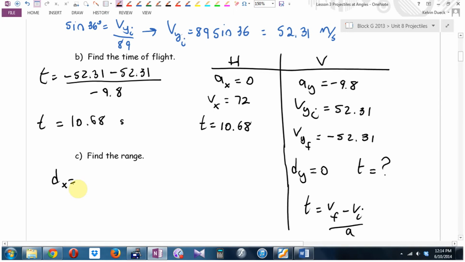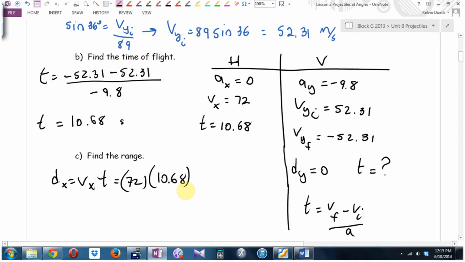What was the equation that has A, V, T, and D in it? Oh, what's A, though, McKinley, in horizontal? So you know what? It was just this one, wasn't it? What happened to the half AT squared? Horizontally, we don't care. So it's going to be 72 times 10.68.